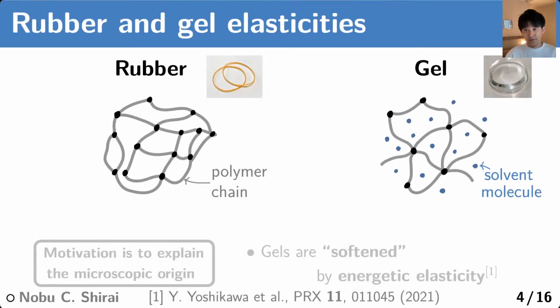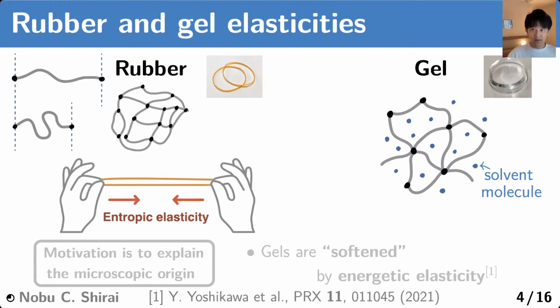To talk about gel elasticity, it's better to compare with rubber elasticity. Rubbers, including rubber bands, are composed of polymer chains, and they are forming a network. In the case of gel, it has a polymer network with a large amount of solvent molecules, and the elasticity of those two things are quite similar, but not the same.